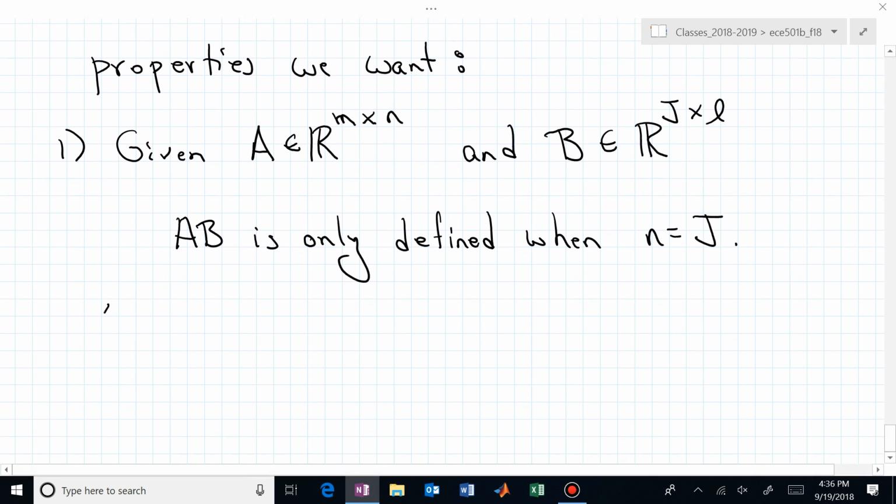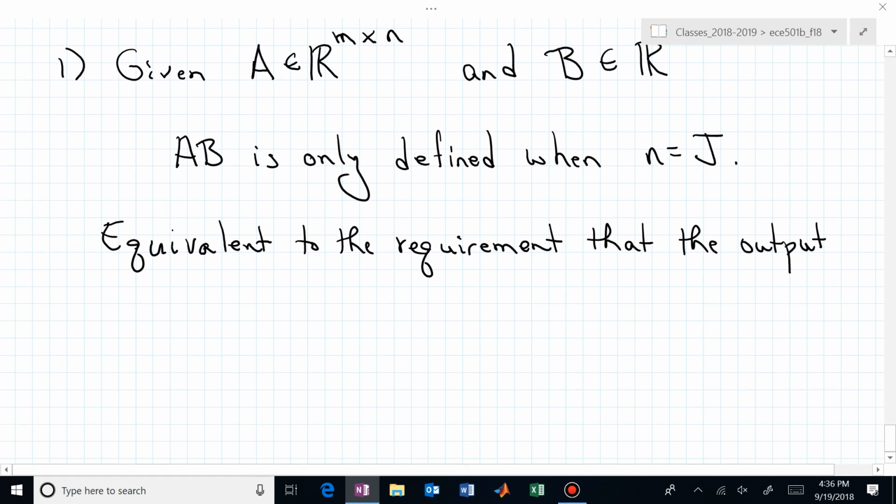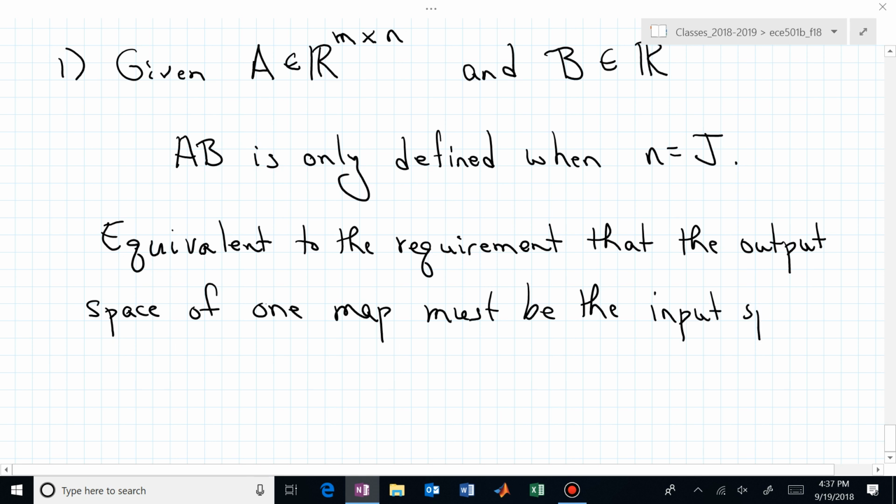And that's equivalent to the requirement that the output space of one map must be the input space of the other map.